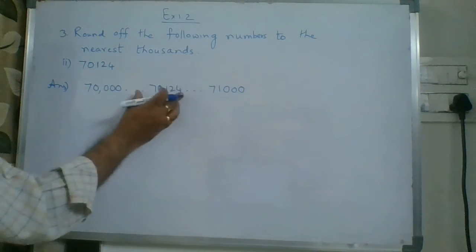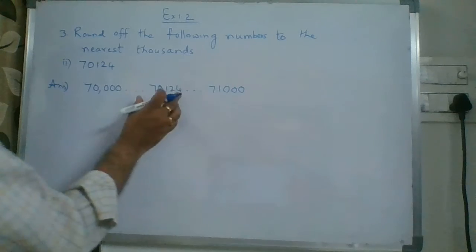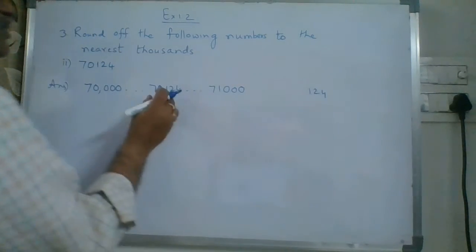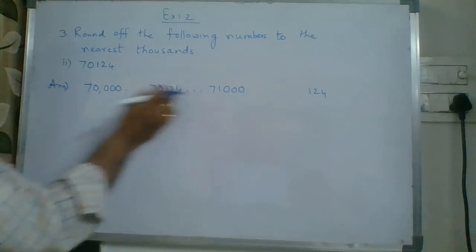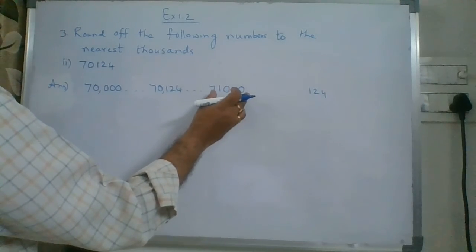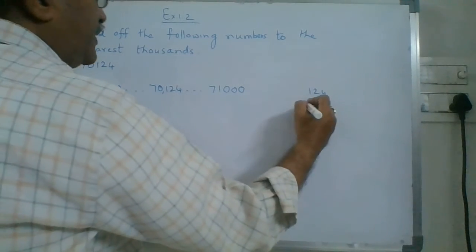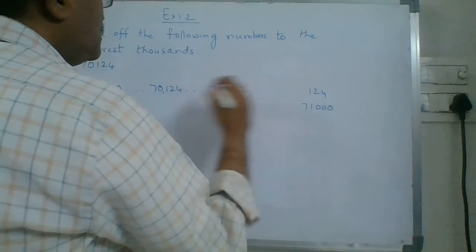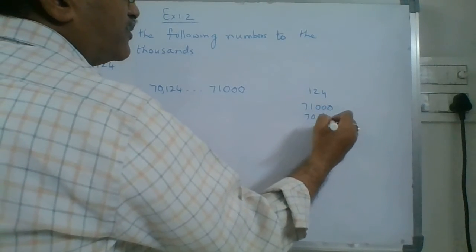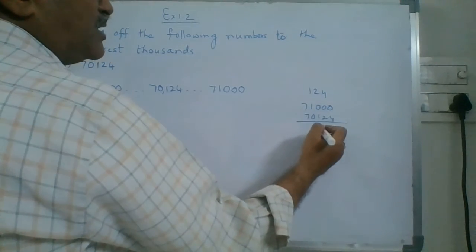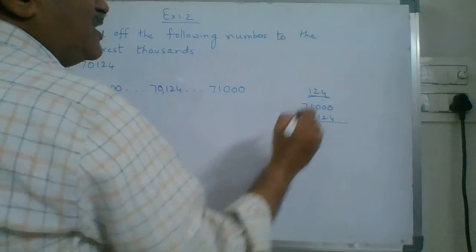By subtracting these two, finding the difference between these two, you get 124. This is 70,124 minus 70,000 is 124, and this is 71,000, and this is 70,124. Therefore, the difference is large in this and the difference is less.